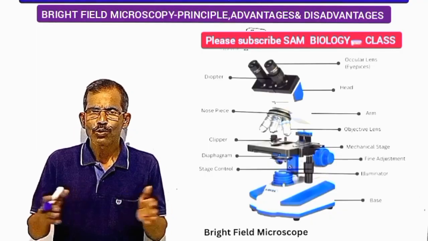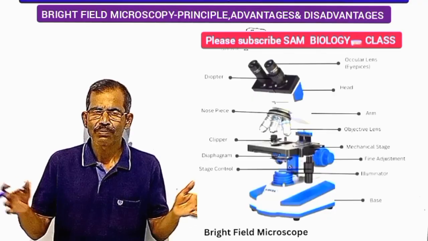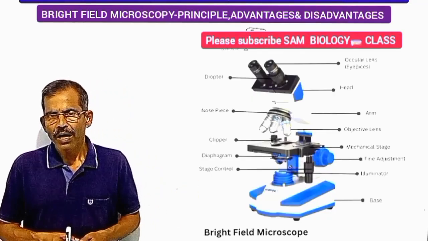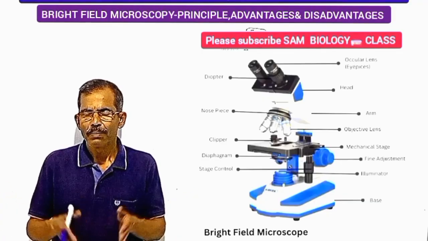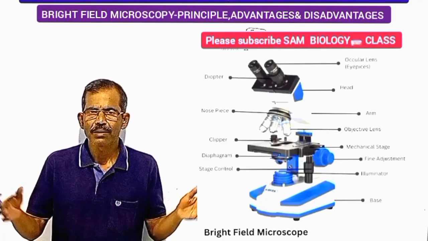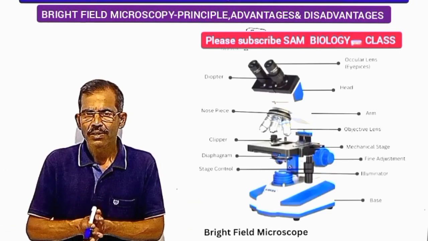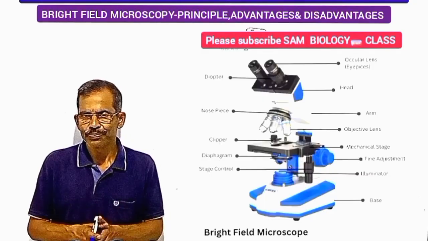We know that most cells are composed of 75% water, which is colorless. Unlike plant cells, which have chloroplasts, many animal cells and microorganisms do not contain pigments that can absorb light in the visible spectrum.